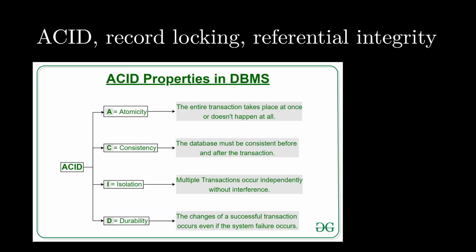Moving on to the ACID properties in database management systems, we've got atomicity, however you pronounce it. This ensures that the entire transaction takes place at once or doesn't happen at all. Then we've got consistency, isolation, and durability. You can read the other definitions, but how I like to think about this is in terms of banks.